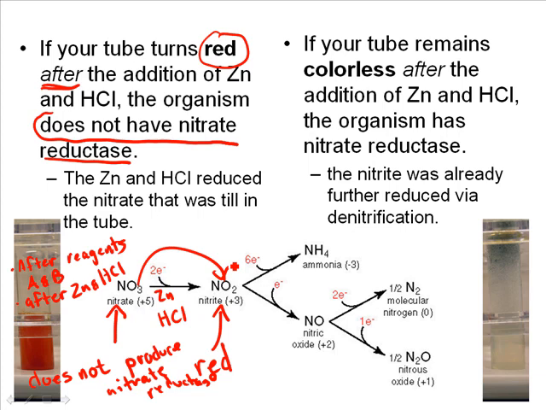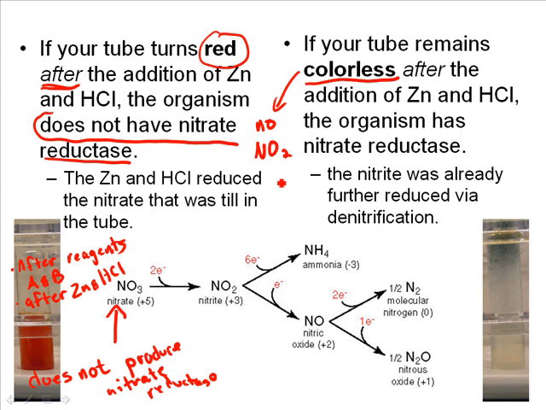But now imagine this. Imagine the second scenario. You add zinc and HCl, and it remains colorless. That colorless means to me there is no nitrite present. So even though you've added zinc and HCl, there's still no nitrite produced.